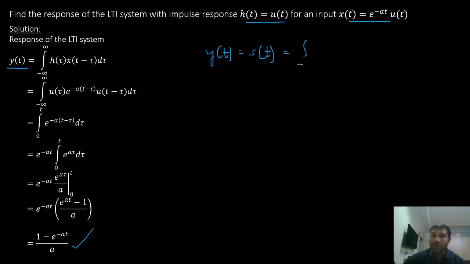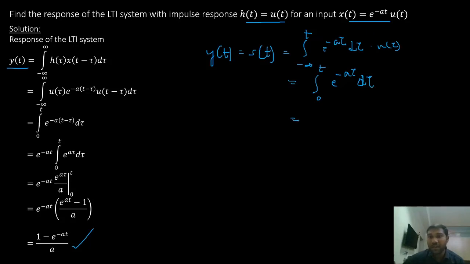S of t is minus infinity to t h of tau, that is e power minus a tau d tau, into u of tau. Now u of tau exists only for tau 0 to infinity, right? So 0 to, my upper limit is already t, e power minus a tau d tau.